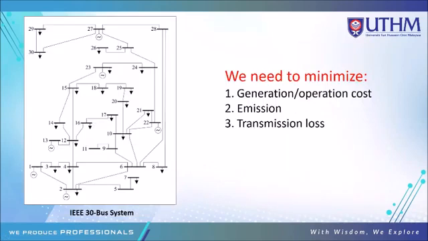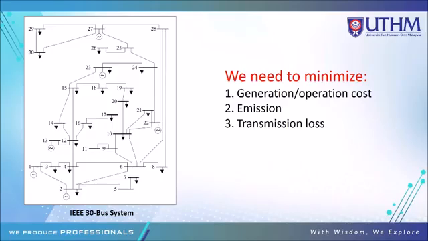This is an example in the power system, because my background is power system. In the electrical power system, we have so many generators. You can imagine in Malaysia, we have maybe more than 100 generators, with different cost characteristics for each generator.